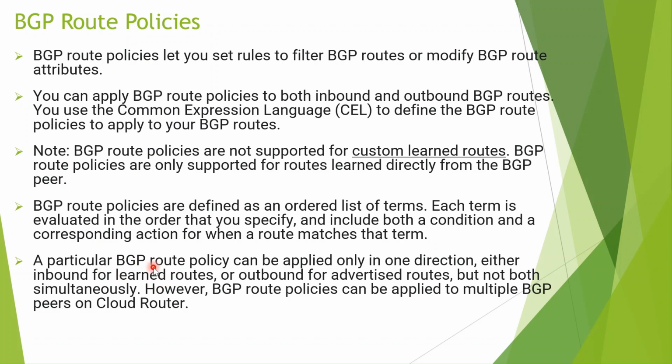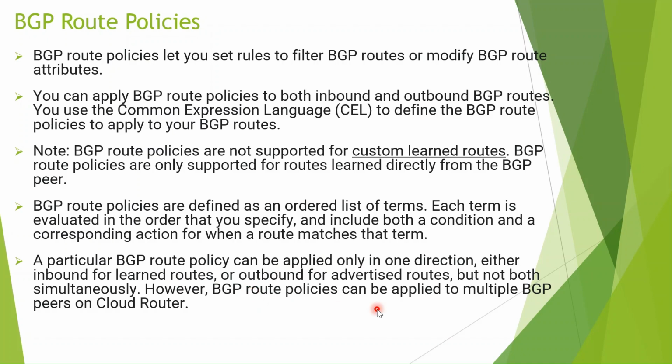A particular BGP route policy can be applied in only one direction, either inbound or outbound. So if you want to apply in both directions, you have to create multiple policies. It will be inbound for learned routes, so if you're learning routes from other ends, and if you're advertising routes, it will be outbound.